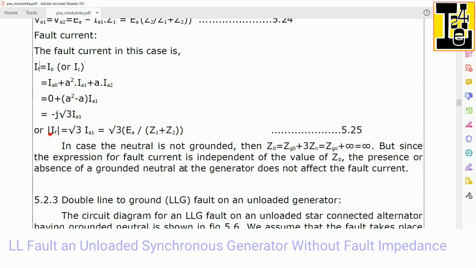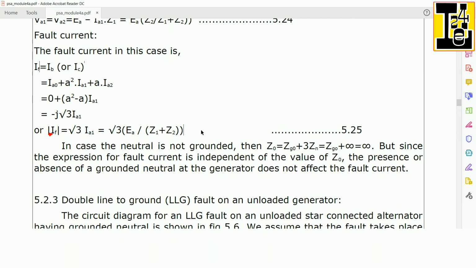So if I take the case when the neutral is absent, then what happens to the expression for the fault current? If you observe here, Z0 is not present in the denominator. Whether the neutral of the synchronous generator is present or absent, the fault current is independent of the neutral connection of the synchronous generator.